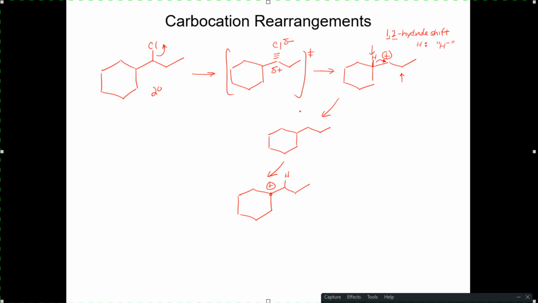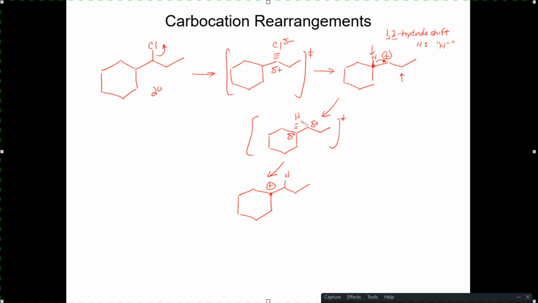Now the transition state is going to have the hydrogen partially bonded to each one of those two carbons. And then the positive charge, if we average out the charges in this transition state, this is the bond that's being broken, this is the bond that's being formed. So now in terms of the charges, this carbon goes from positive to 0, there's a delta plus here. On this carbon, it goes from 0 to plus 1.